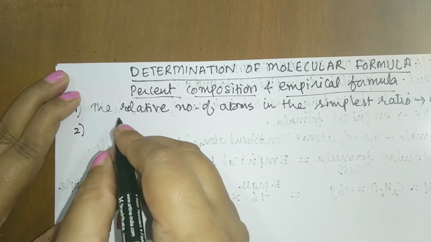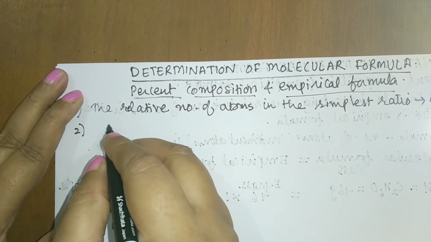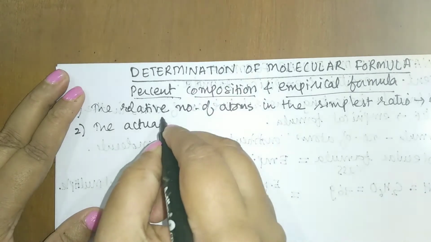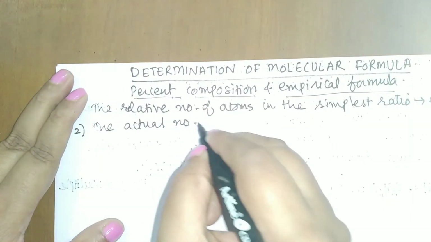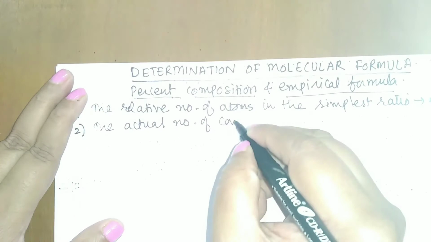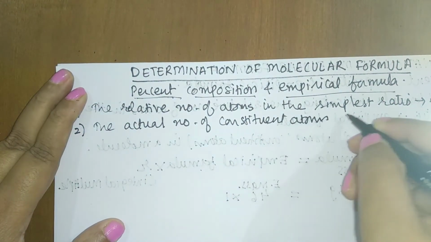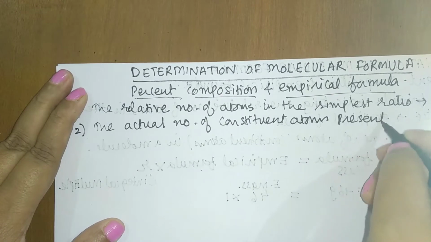Now let us see what is molecular formula. Molecular formula indicates the actual number of constituent atoms present in a molecule.